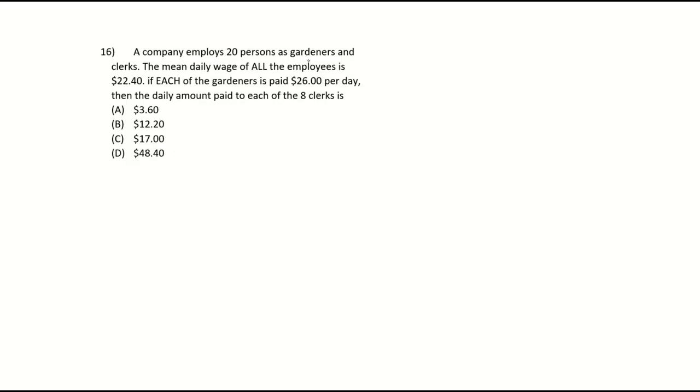Alright, so the mean daily wage of all employees is 22.40. So we can find the total. Total is your mean multiplied by number of items, in this case number of employees. So it would be 2240 multiplied by 20, and when you multiply it, you're going to get $448.